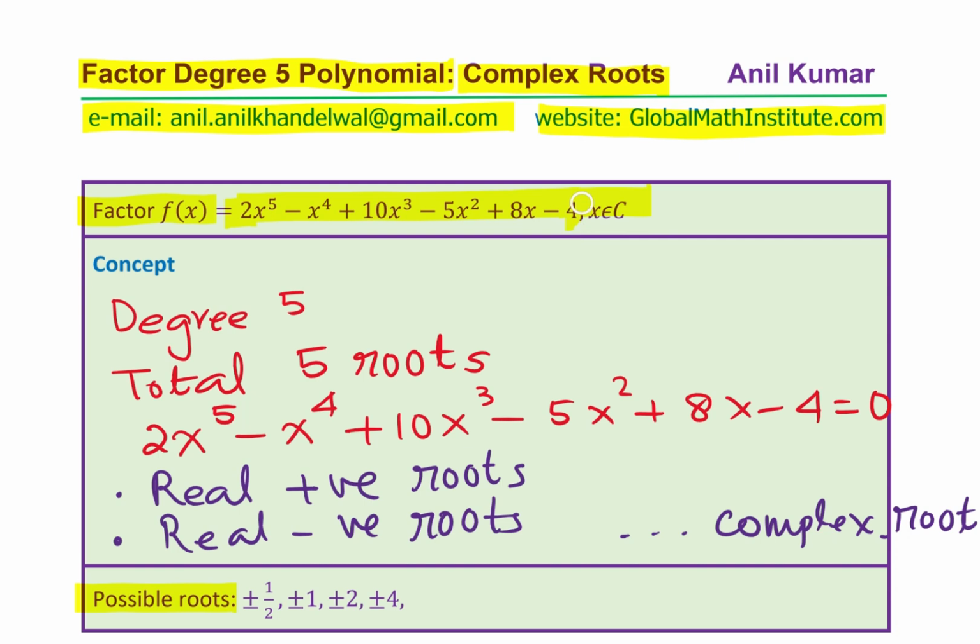So dividing factors of 4 by the factors of 2, we could actually get all the possible roots. In this particular case, we could have a root at plus or minus half, plus or minus 1, plus or minus 2, or plus or minus 4.